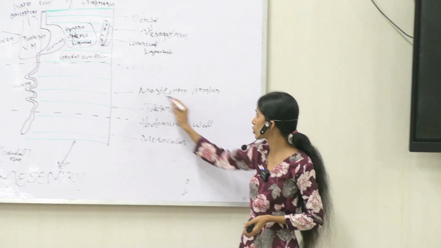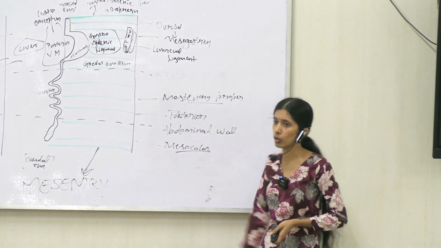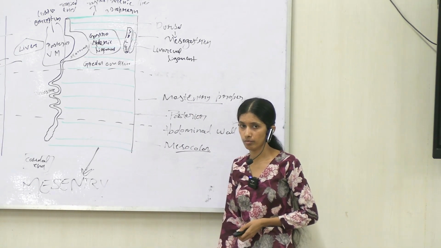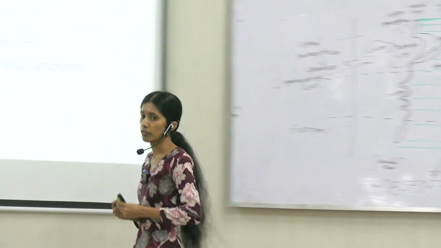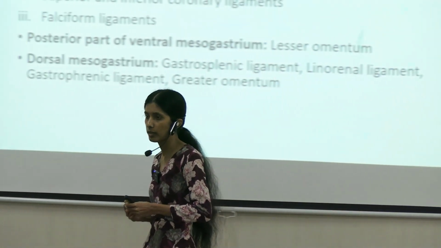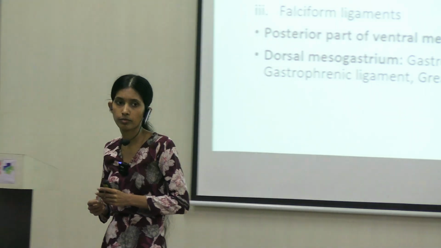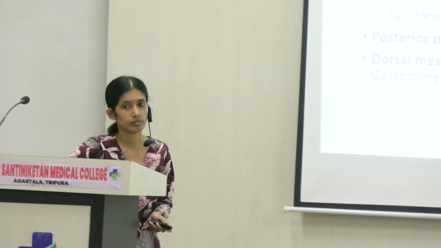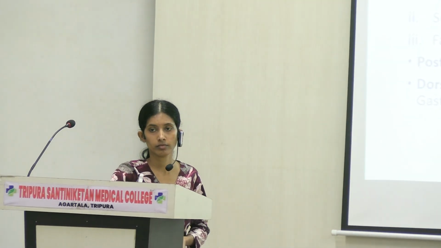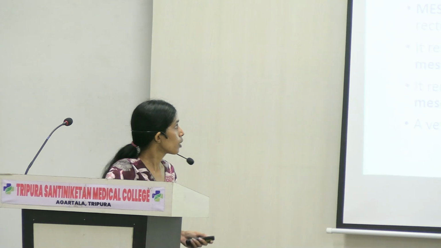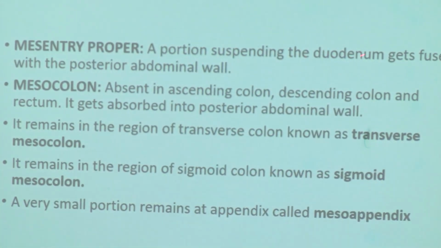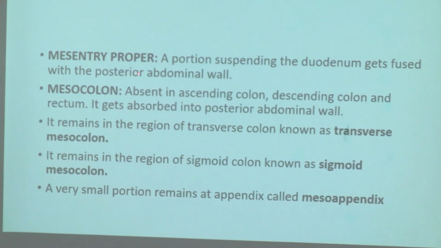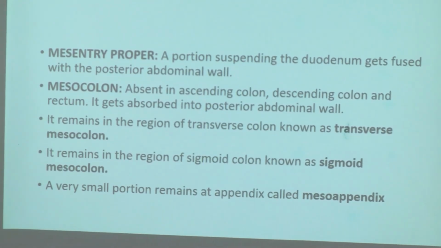So what happens to your mesentery proper and mesocolon? Mesentery proper, a portion suspending the duodenum gets fused with the posterior abdominal wall.